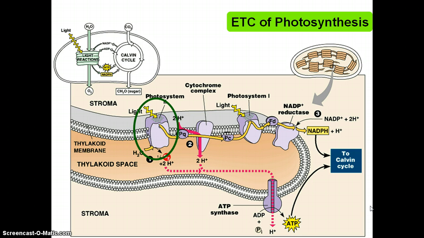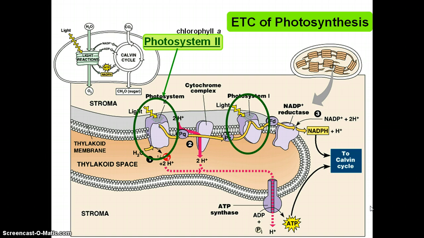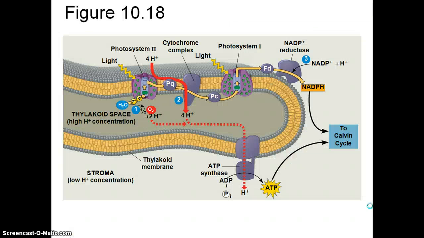Right there you see photosystem 2 is the first molecule we have in our electron transport chain. Again, it's called photosystem 2 because it was discovered second. And then there's photosystem 1. Both of those have a number of pigment molecules of chlorophyll A.